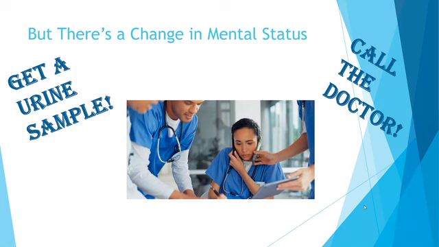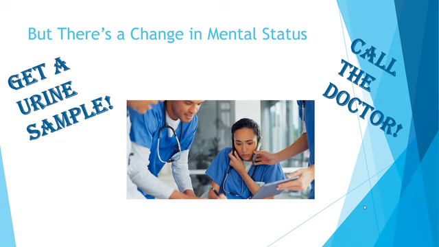If you were a nurse before 1980, or were born before 1980, you were probably taught in nursing school that if an elderly patient experiences a change in mental status, you should immediately suspect a UTI.